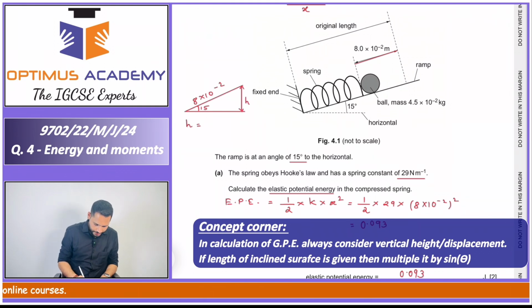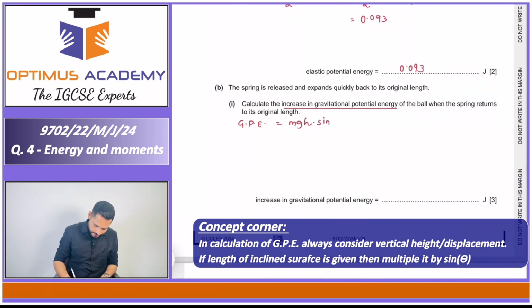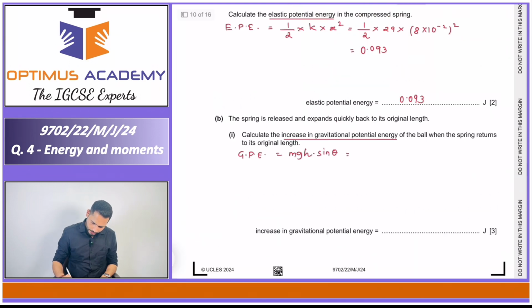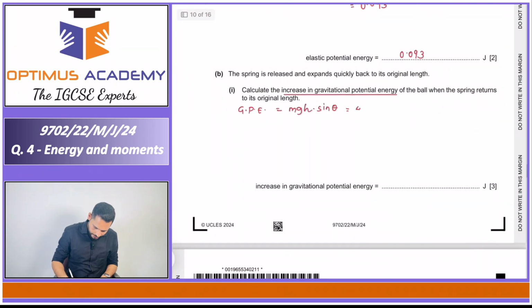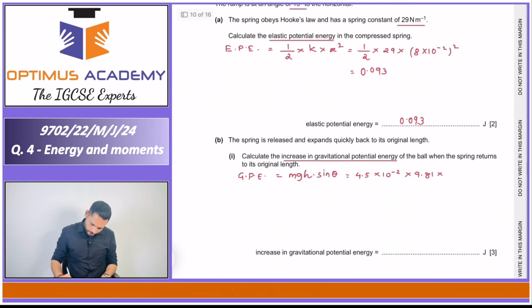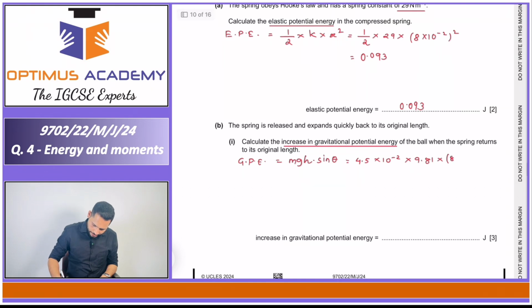Okay, so the value of h can be given as 8 × 10^-2 multiplied by sine theta. So we can write this as mg x sine theta. The mass of the ball is given as 4.5 × 10^-2 kg. g is 9.81 and height will be 8 × 10^-2 multiplied by sine 15.